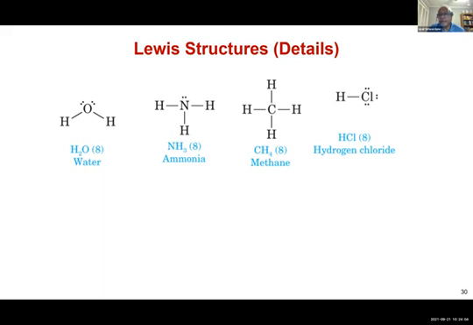Then the 3 remaining pairs are put on the chlorine to give it the octet, and hydrogen has a duet. So the Lewis structure shows the stability of a covalent molecule based on the octet rule: a duet for hydrogen and an octet for other atoms.